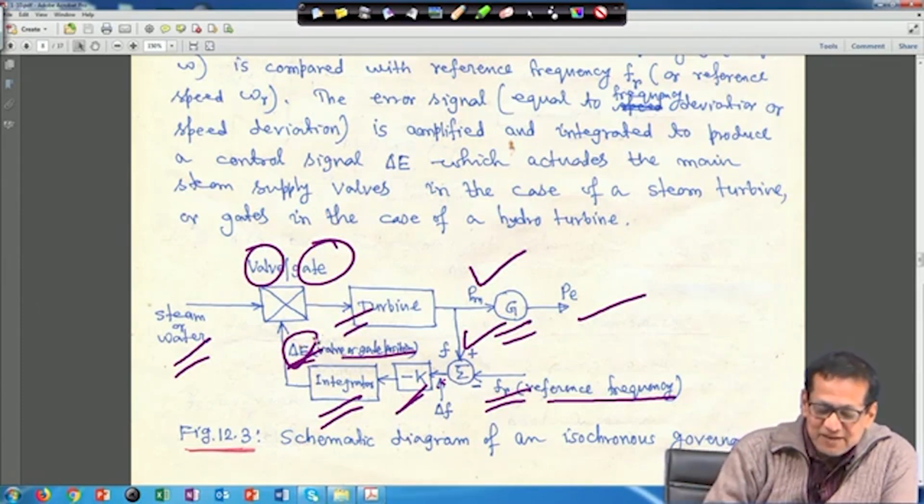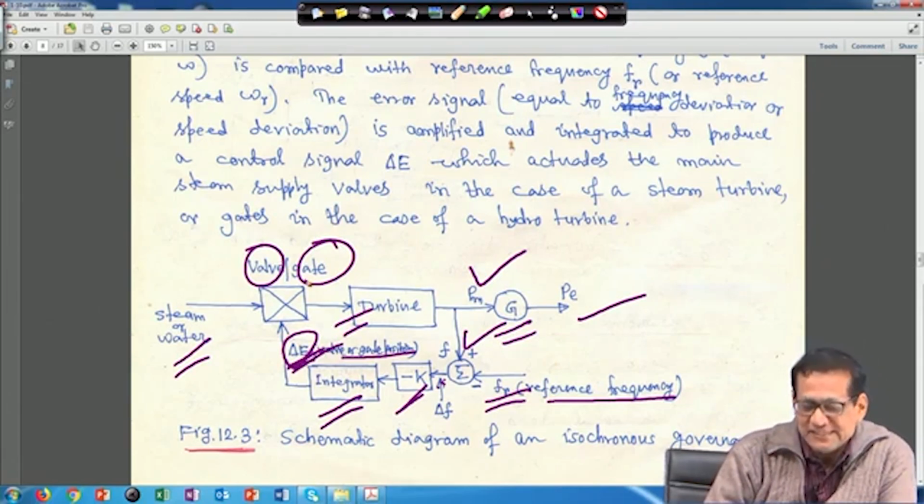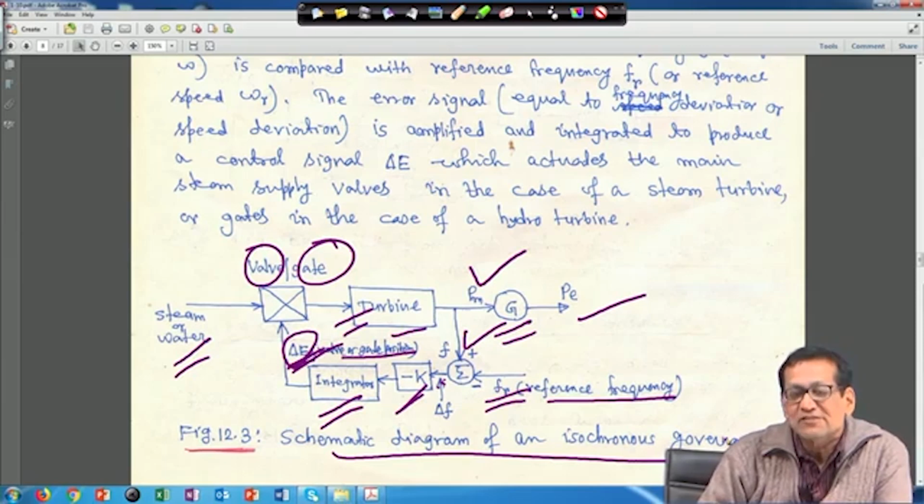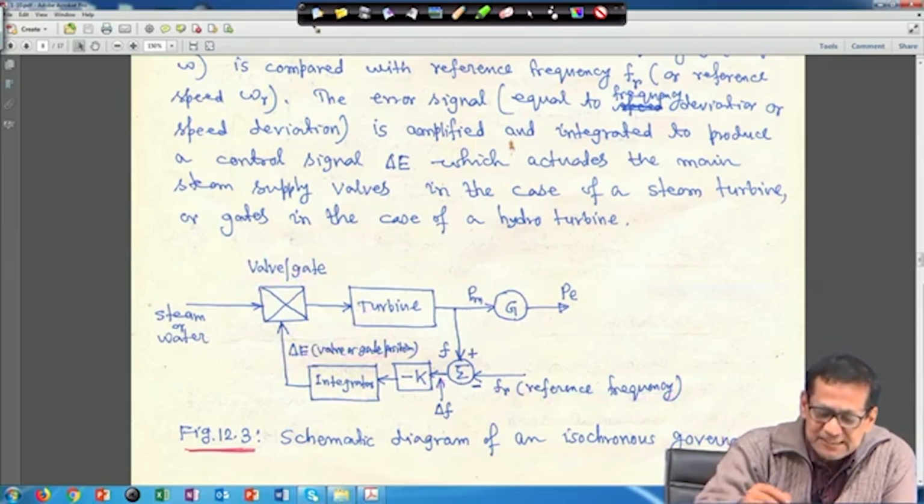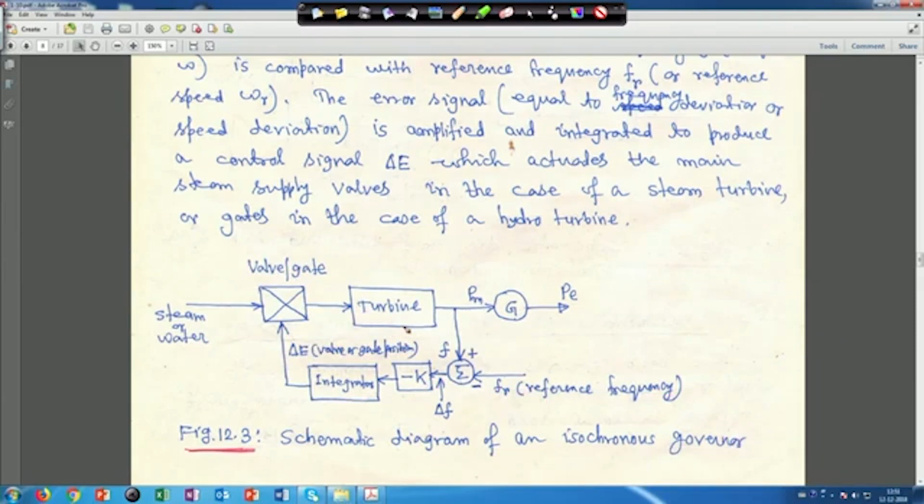According to whatever output signal it gets, the valve or gate opening and closing will be decided by this signal, and then this is the turbine, and this is the schematic diagram of an isochronous governor. For the isochronous governor, it is called a constant speed governor.